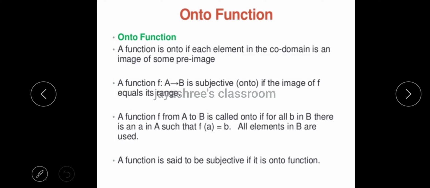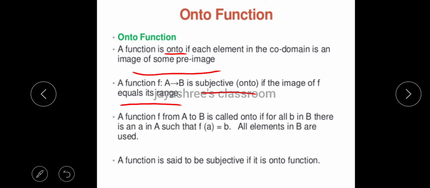Now come to the second type, onto function. A function is onto if each element in the codomain is an image of some pre-image, or a function f from A to B is surjective if the image of f equals its range.